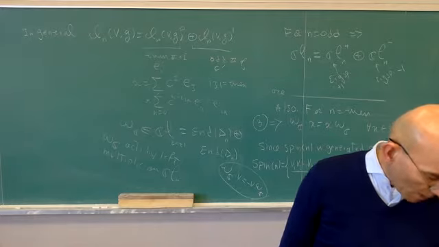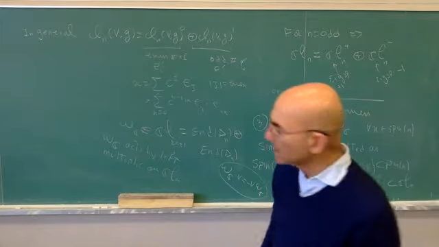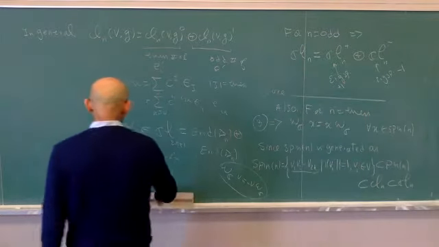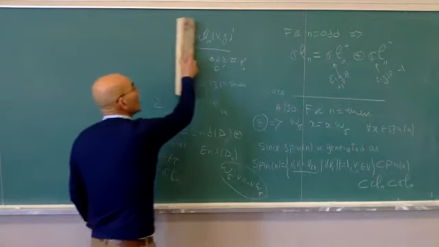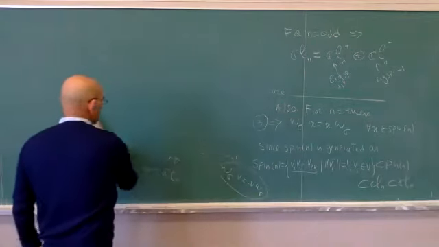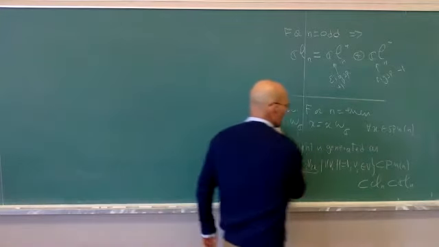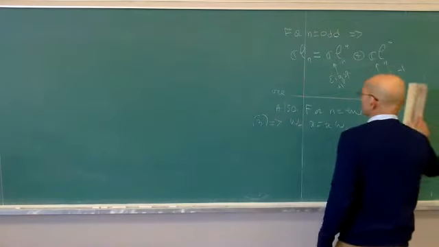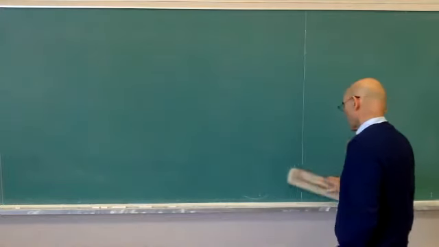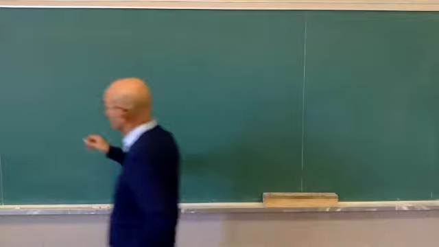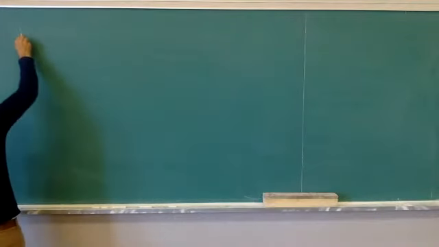Okay, so now we need a little bit of geometry. I'll come back to this later, of course. So let me just tell you what sort of geometry we need. Some basic differential geometry.